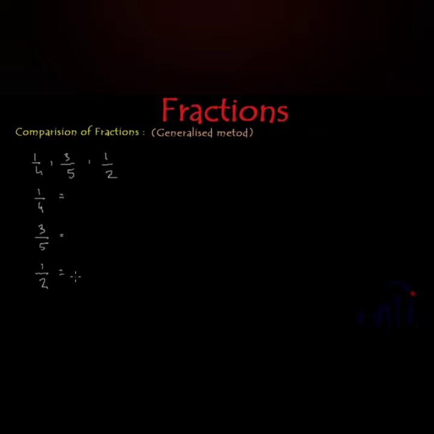So 1 by 4 can be written as, if I multiply both the numerator and denominator by 2, we will get 2 by 8. And if I multiply both numerator and denominator by 3, we will get 3 ones are 3 and 3 fours are 12. And if I multiply by 4, we will get 4 ones are 4, 4 fours are 16.